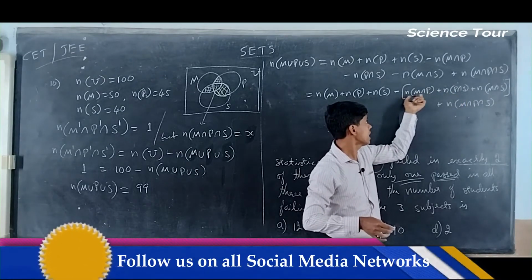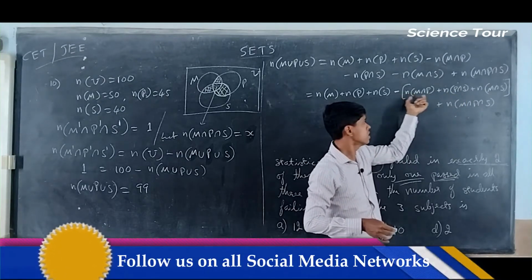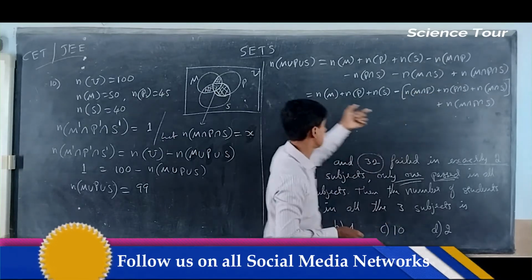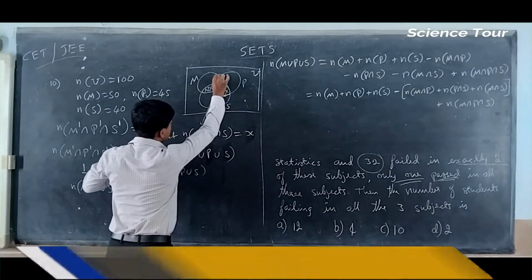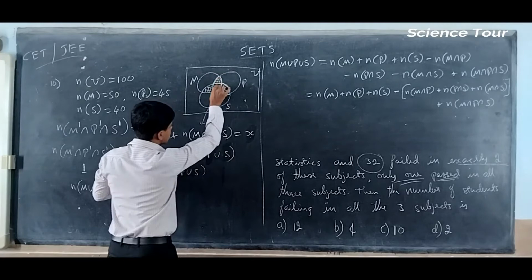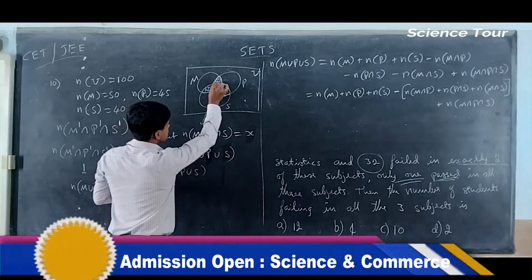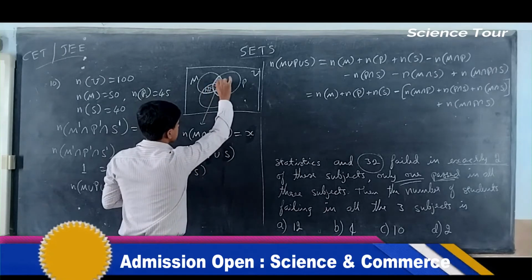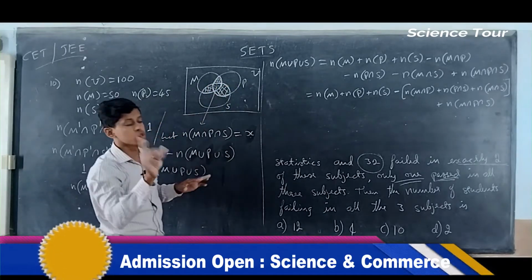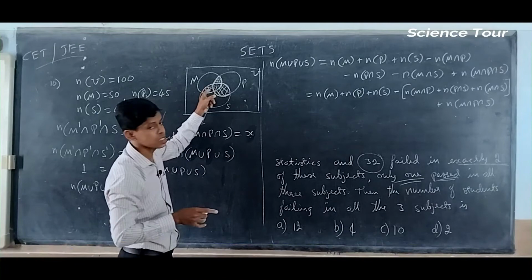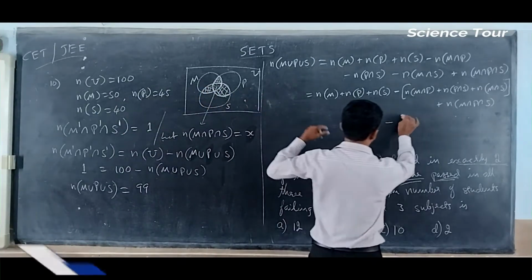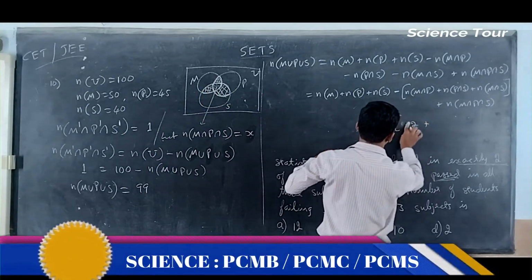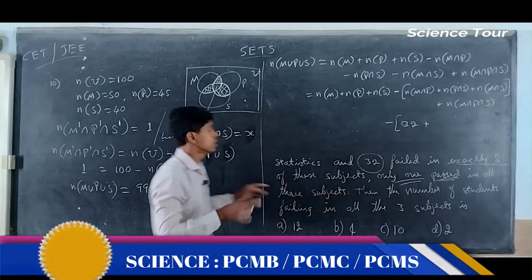So what is the number of elements of M intersection P? M intersection P is this region plus this region plus this region. Okay, so these three regions add up to 32.